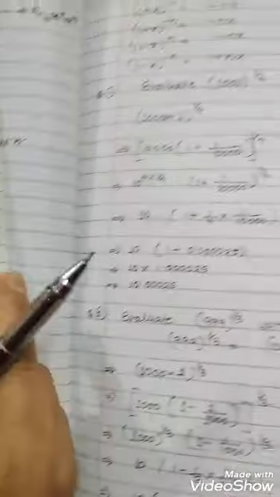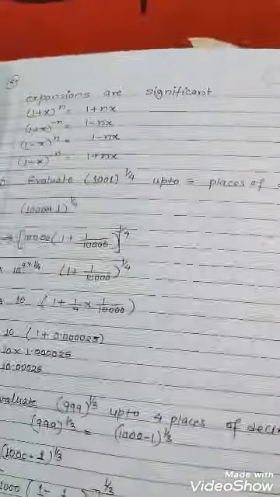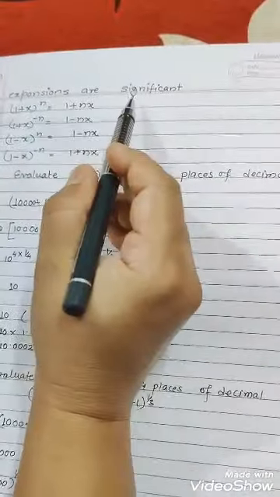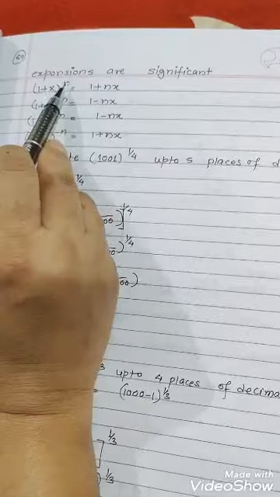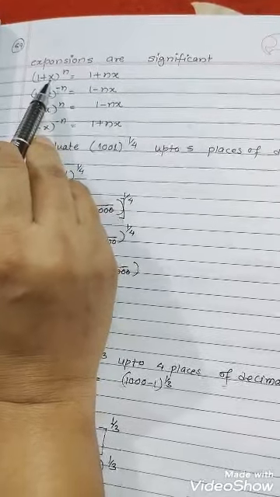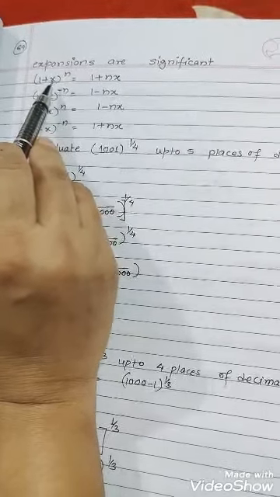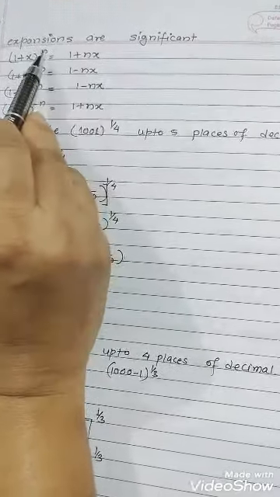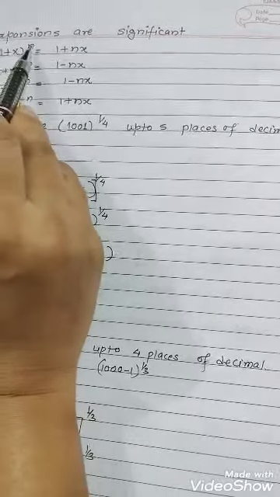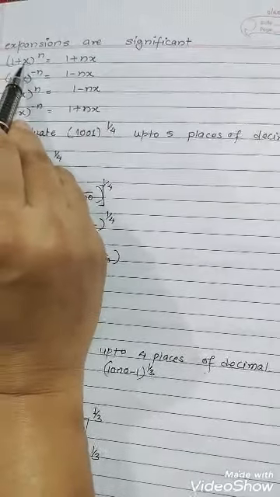So the expansion would be what? The expansion is significant only for two terms here, that is, if 1 plus x to the power n is there and x is very much less than 1, it will be written as 1 plus nx. The exponent n will multiply with the second term.